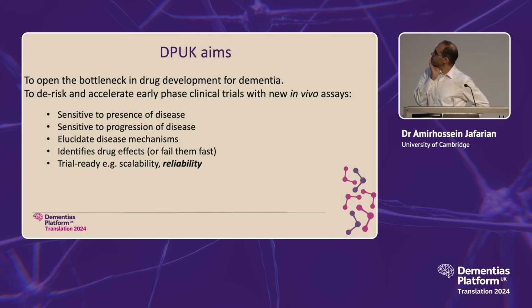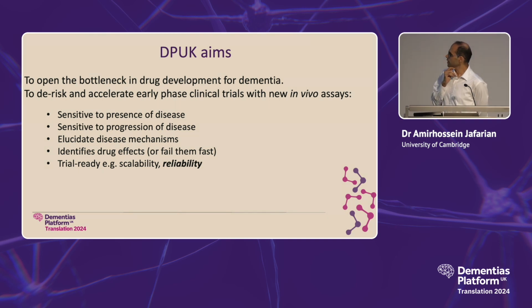To start with, the DPUK aim is to open the bottlenecks in drug development for dementia, to de-risk and accelerate early phase clinical trials with new in vivo assays that are sensitive to the presence of the disease, sensitive to the progression of the disease, elucidate disease mechanism, identify drug effects, and be trial ready, which means scalable, reliable, and so on.